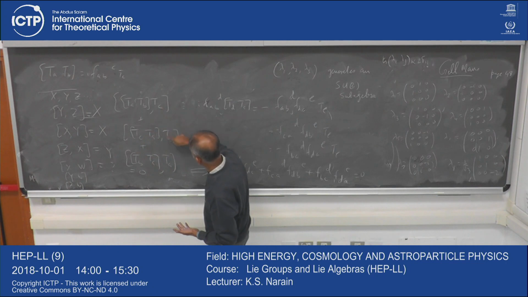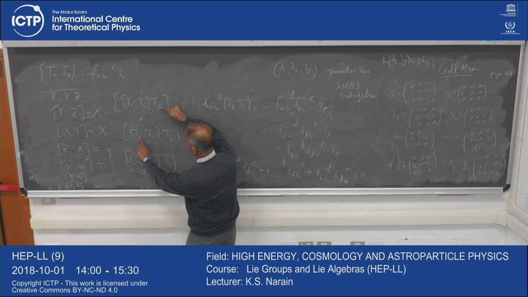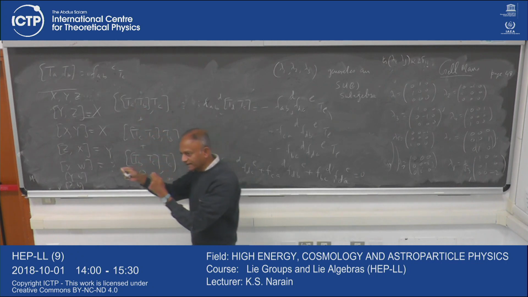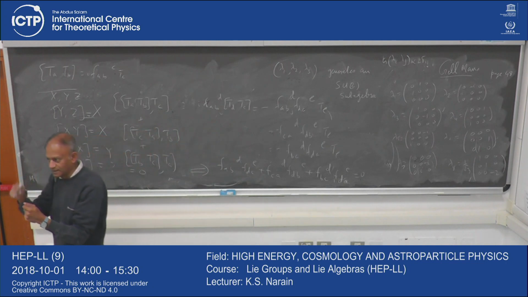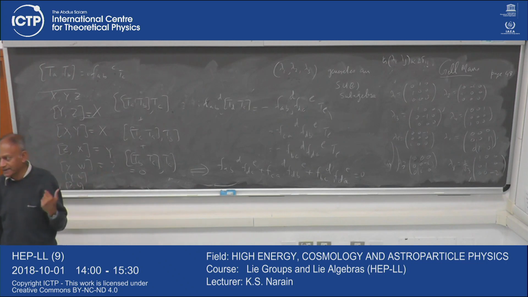But these two will pick up an opposite sign, because this is T_B T_A and that is T_A T_B. So if you have only two independent elements, this identity is automatically satisfied. But when you have three distinct elements, then this is a non-trivial identity, and one must check it.